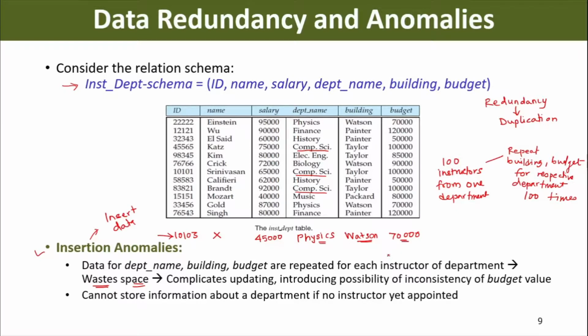The other drawback of such a design is we cannot store information about a department if no instructor is appointed yet. Say for example, the university has decided to start a new department, say mechanical department. A new department, mechanical, is being started, but not necessarily are the instructors appointed.